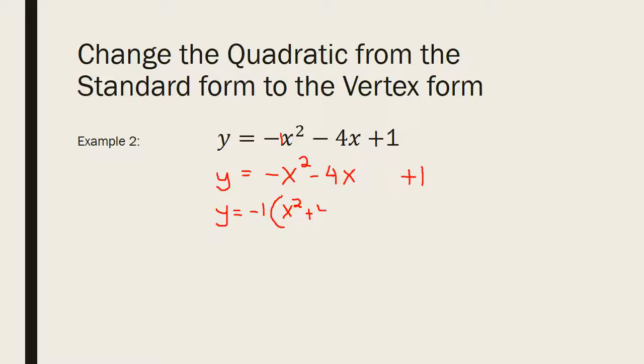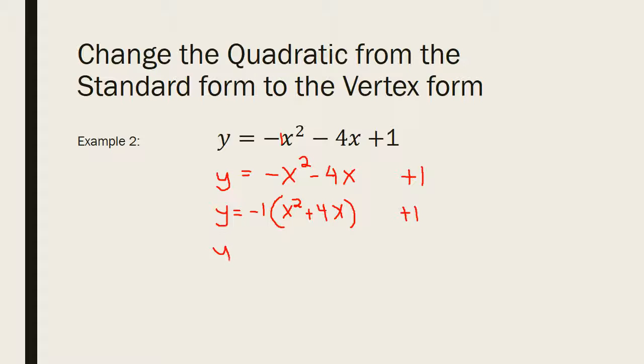So I'm going to end up with negative 1 times x squared plus 4x. And this is completely fine, because if I multiply negative 1 back inside the parentheses, I end up with negative x squared minus 4x. But this technique will allow me to have a leading coefficient of 1 next to x squared, and makes completing the square a little bit easier.